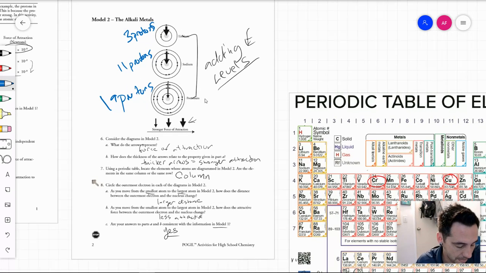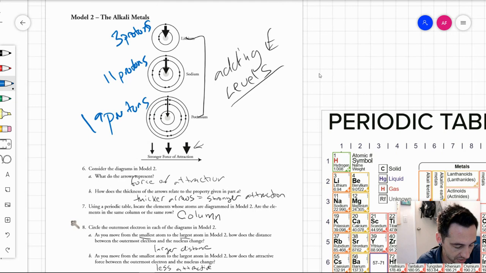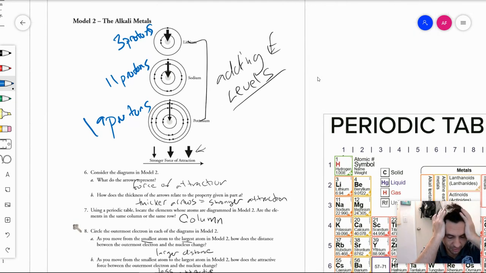So we're actually increasing the number of protons. So why is there less attraction? Oh wait, I know. It's because we're increasing the distance. Distance matters more than protons. The distance between the protons and electrons matters more than the number of protons.